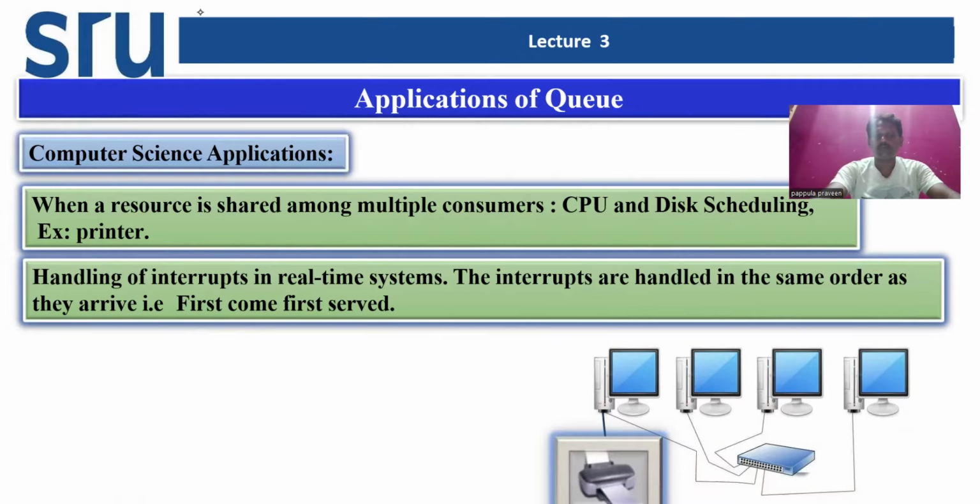Enqueue is one operation for inserting the elements. Dequeue is another operation for removing the elements. When you are inserting the elements, simply remember the rear value is incremented by 1. When you are removing the elements, then the front value will be incremented by 1. So this is the main concept of queue. Next we will discuss stacks.